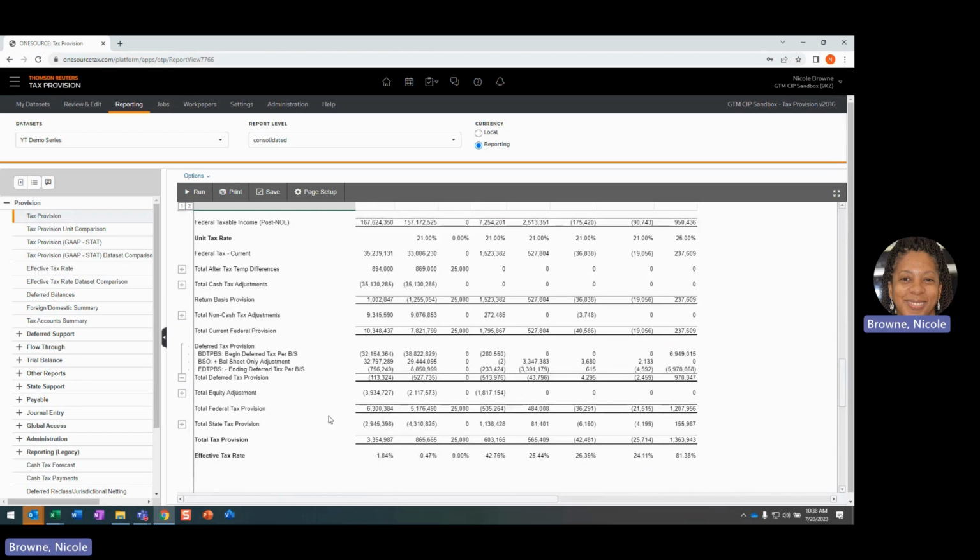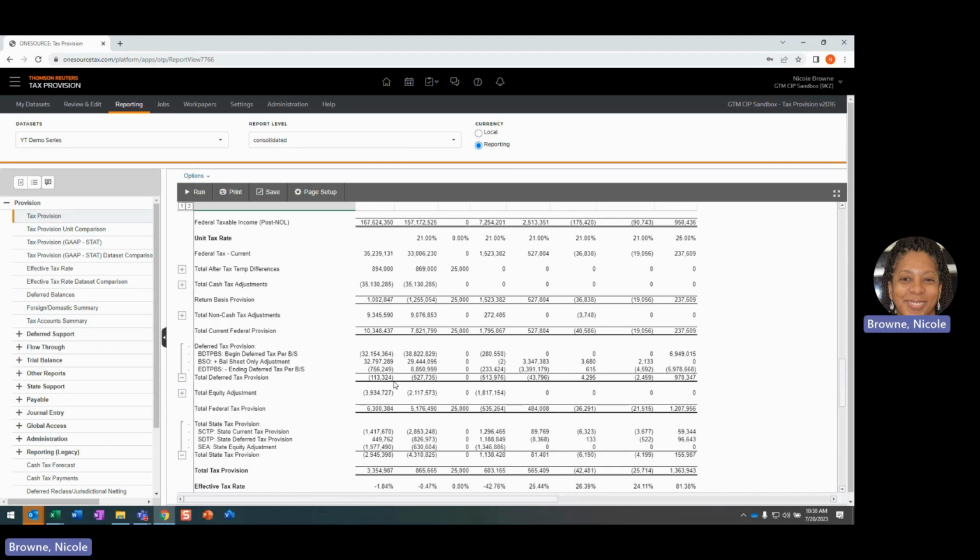Right now, my deferred provision is 113,324, and that's because included in my deferreds is that federal benefit of state. So the state deferred provision that you see here is a pure state number.